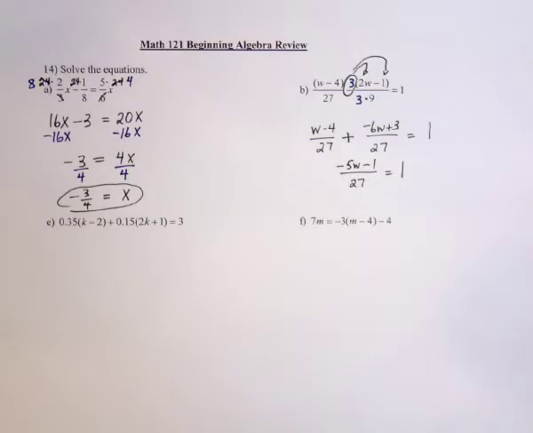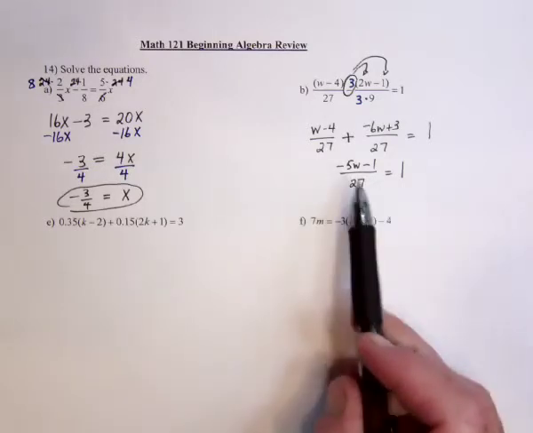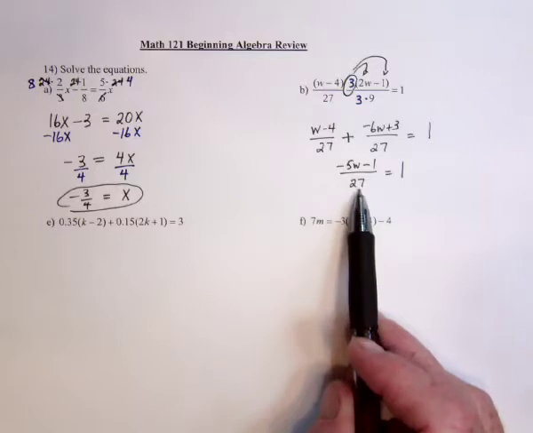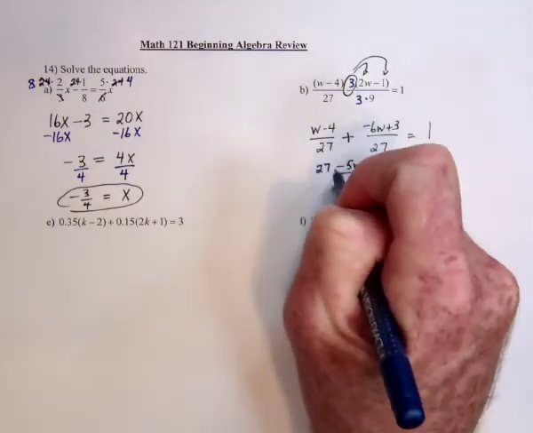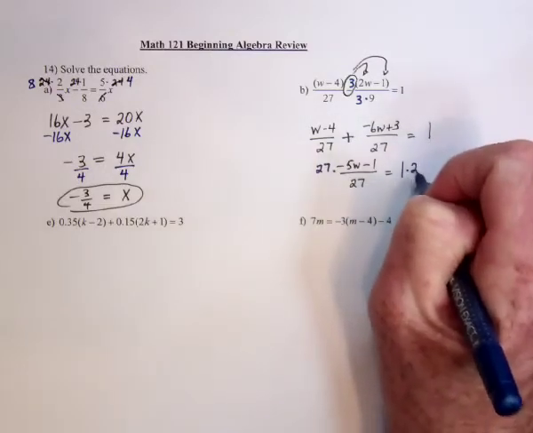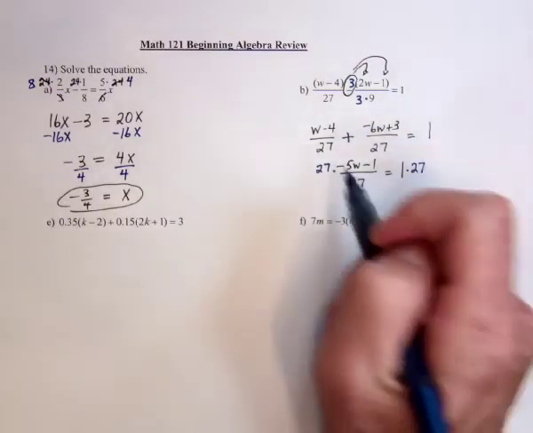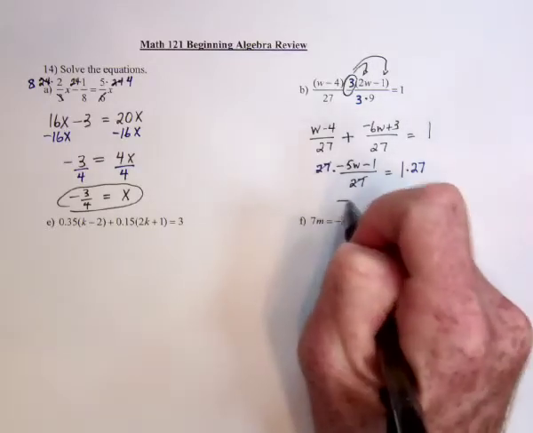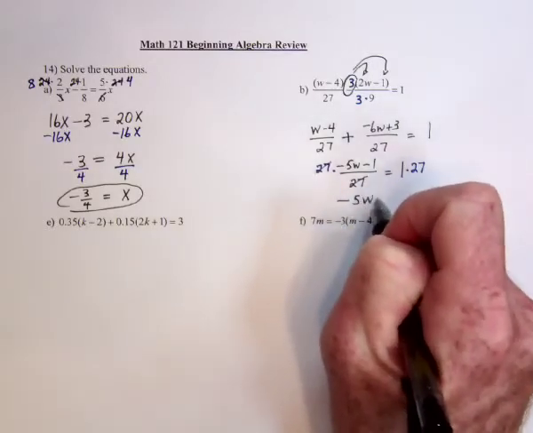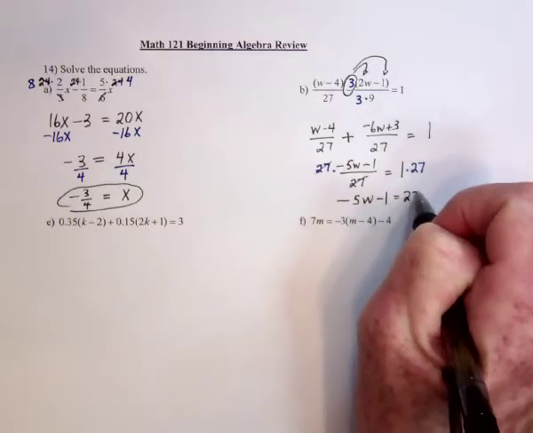Now in order to solve for this w, I need to get rid of the 27. So I just multiply both sides by 27. These cancel. So it leaves negative 5w minus 1 equals 27.